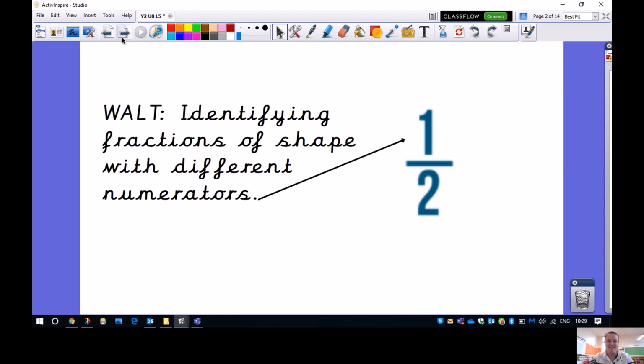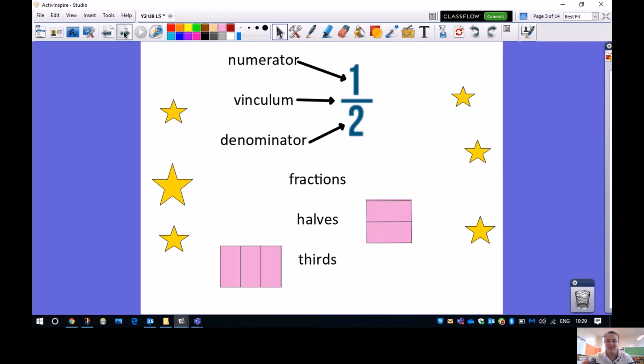Now, today we're going to be identifying fractions of a shape with different numerators, and we know our numerator is our top number above our vinculum. And we're going to go through now our star words. So we've got our numerator at the top, and that tells us how many of the parts of the whole. We have our vinculum, which is our line that splits between our numerator and denominator, and our denominator that tells us how big is our whole.